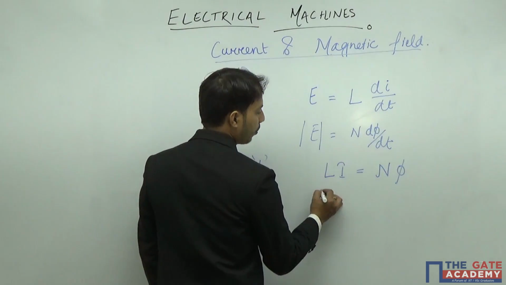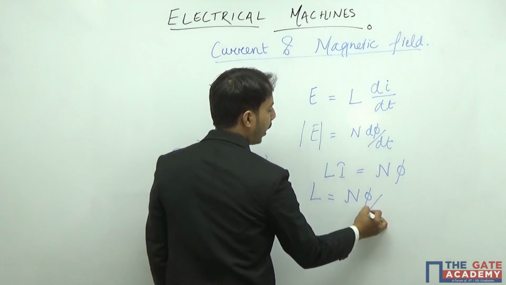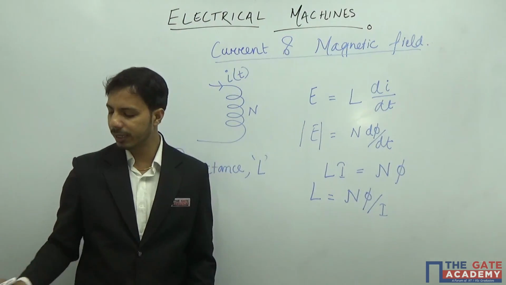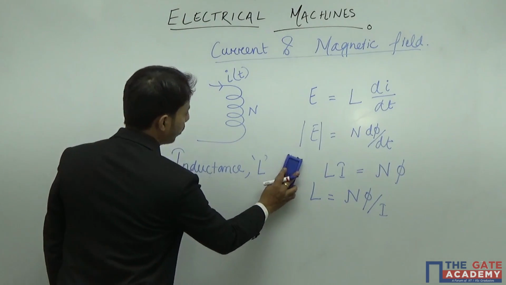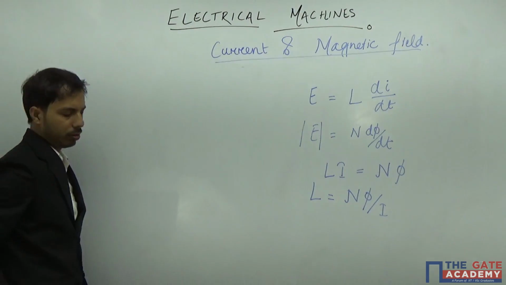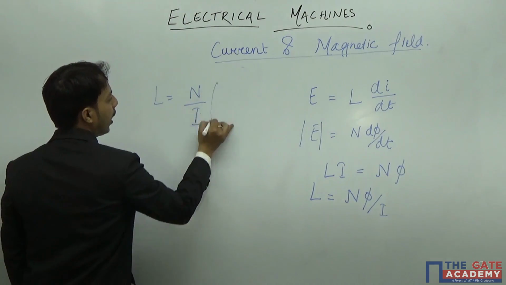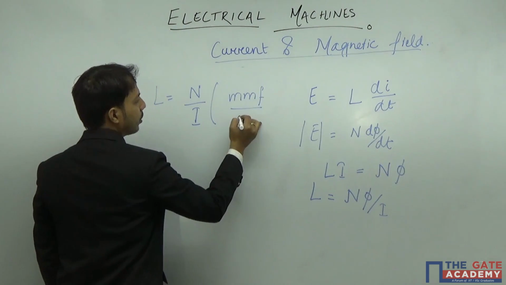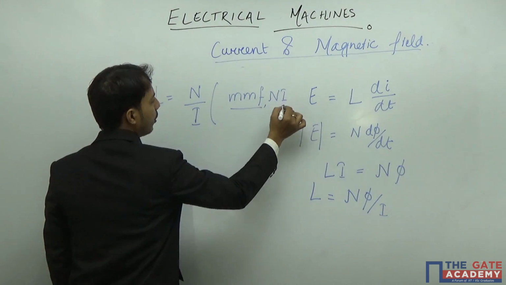After that I can say L is equal to Nφ by i. And what is φ? φ is nothing but MMF by reluctance, so L is equal to N by i into φ, and MMF is nothing but N into i again.